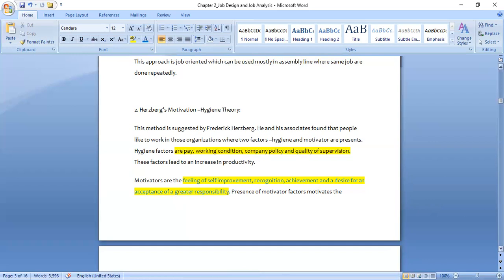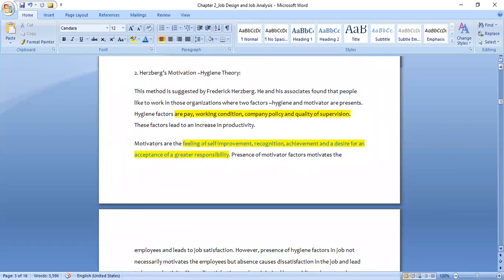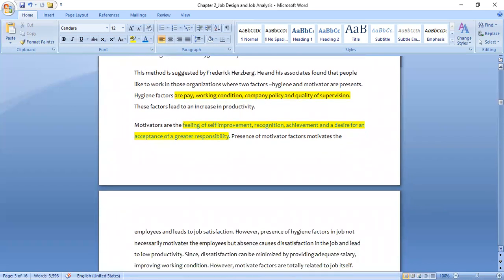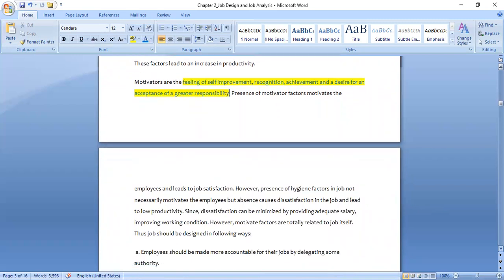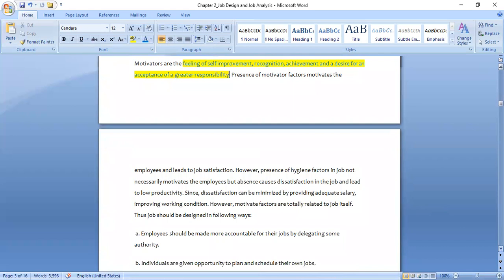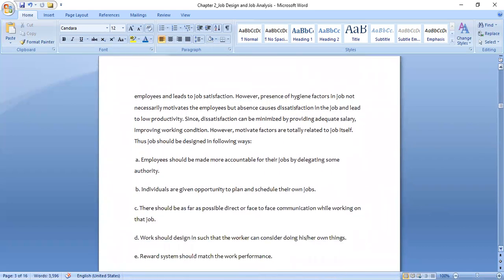So workers should not only work in an organization because of pay, but they also need to get the motivation factors of being recognized. That is motivation. Feeling that they need to do greater responsibility. That is motivation. So that is all about Herzberg.